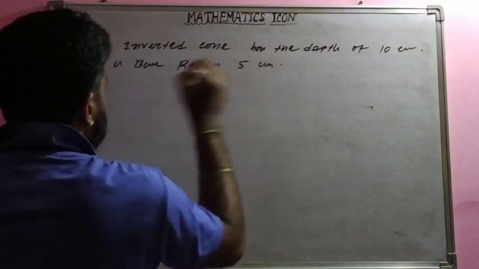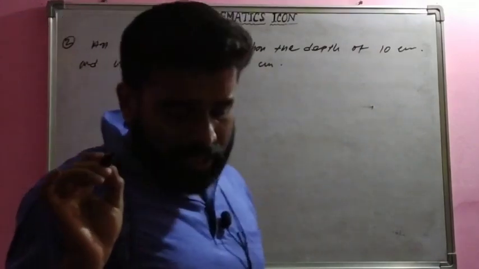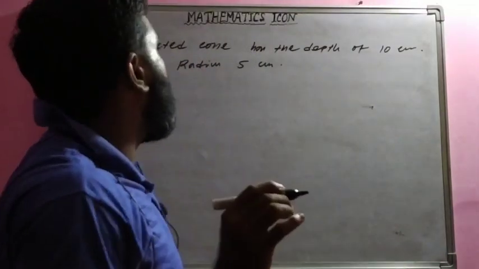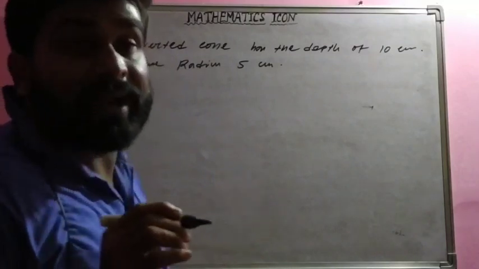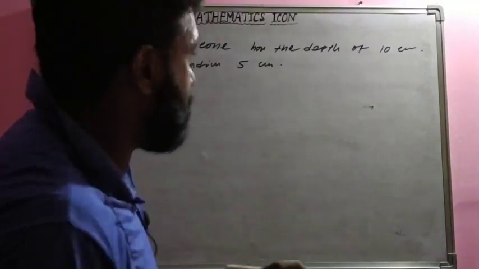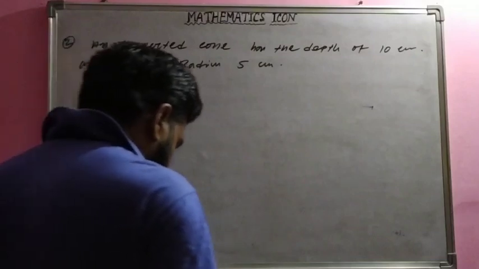A cone is there. The base radius is 5 and depth means the height of this cone. Height is 10 centimeter.